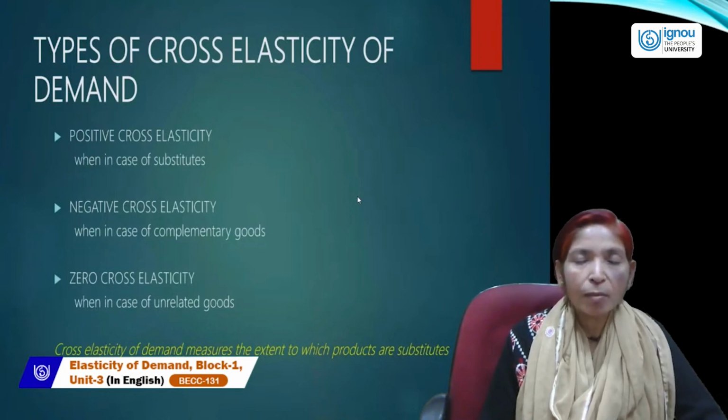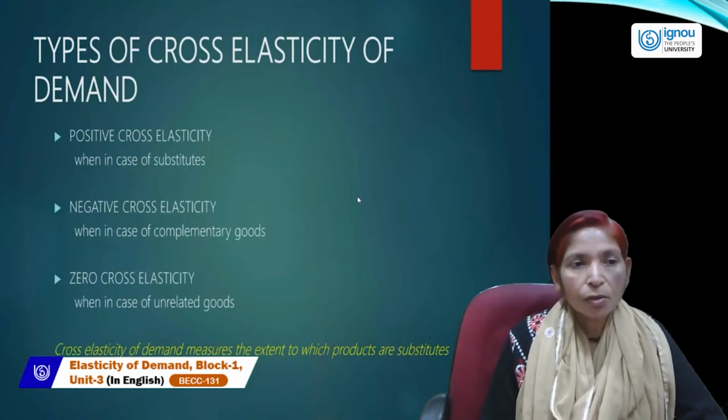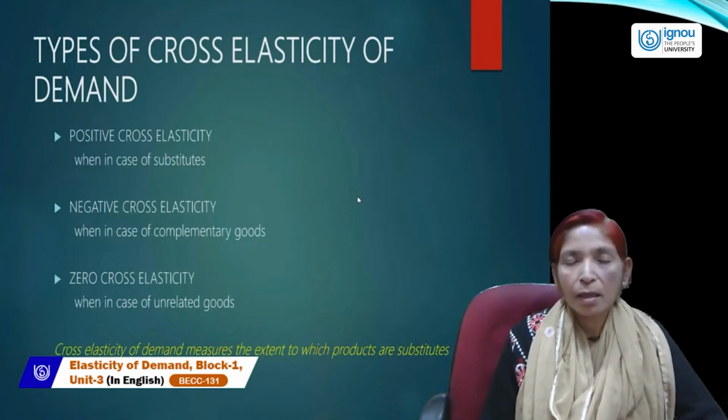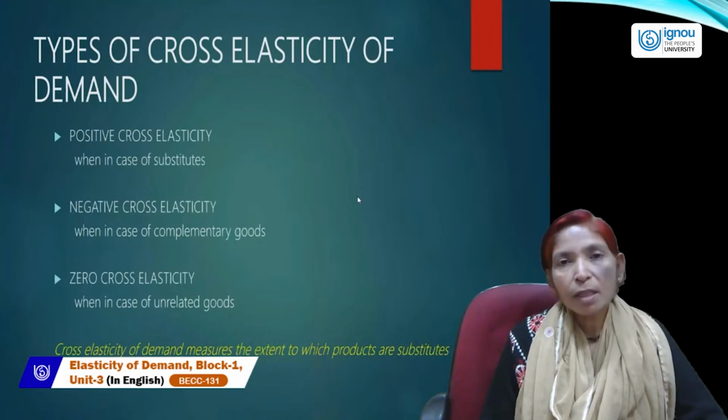If the price of one commodity rises, then demand for the other commodity or substitute goods will also rise. So, in this case, due to rise in price of tea, if demand for coffee rises, there is a positive relationship. That's why the curve will be upward sloping, and in this case, it will be called positive cross elasticity of demand.